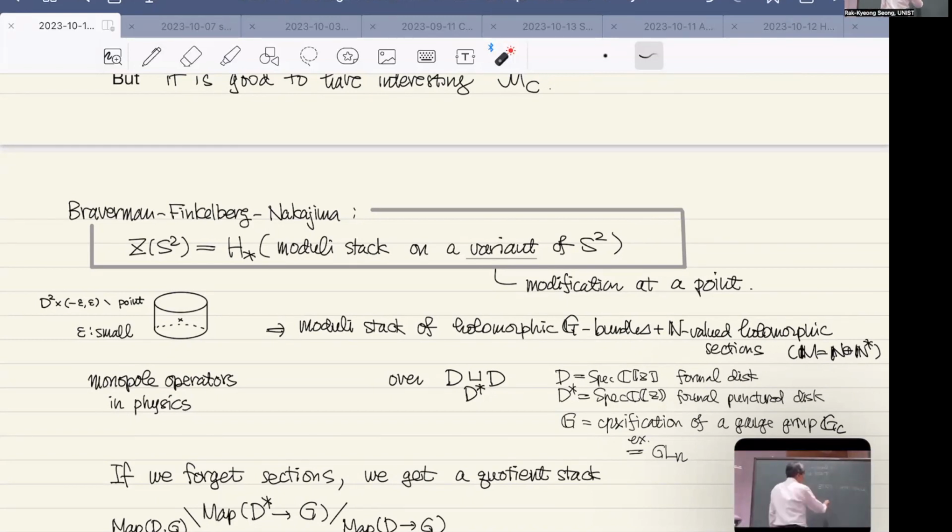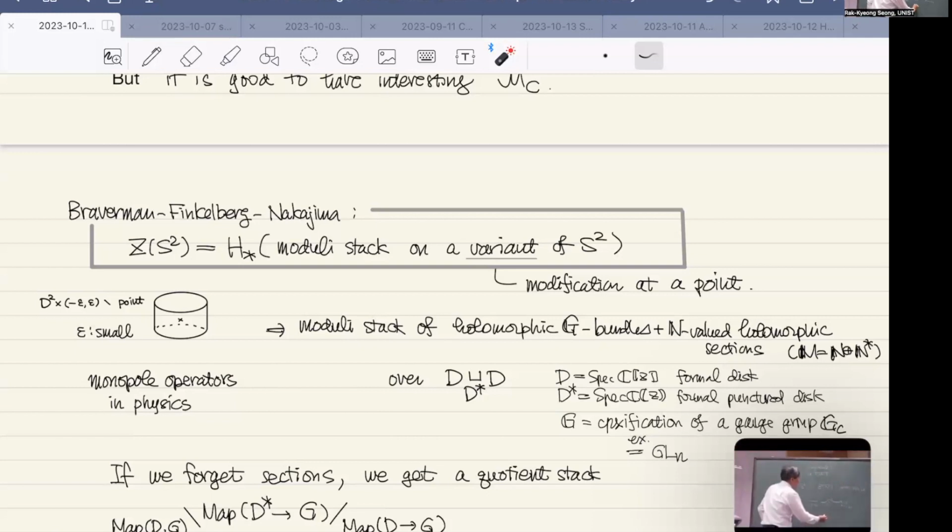Then I have D, and I have a smaller part. So this is the limit of D times epsilon, and this is D times minus epsilon. But you need to remember there is a singularity here. So this is the picture.